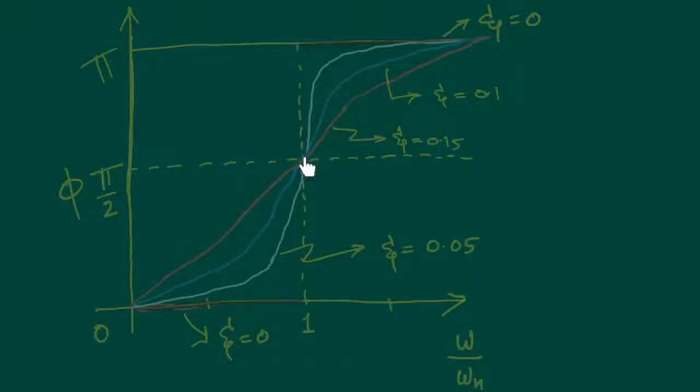For omega by omega n equal to 1, it will reach a value of pi by 2. Then for values of omega by omega n greater than 1, as you can see here, the phase difference is pi. So there is a definite discontinuity for the undamped case.